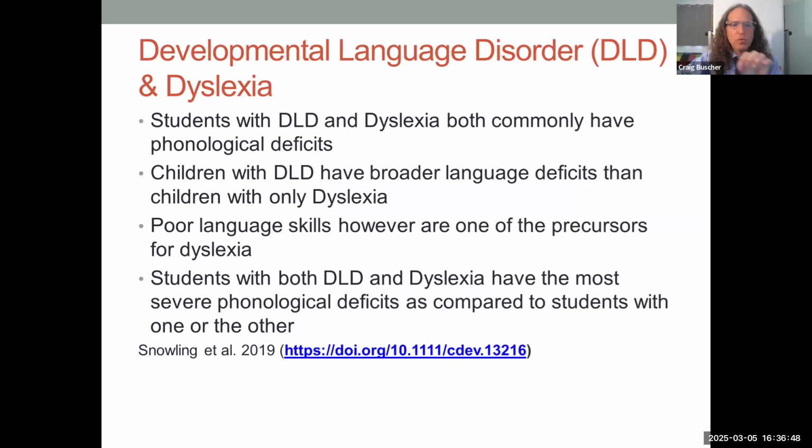Interestingly, though, students with developmental language disorder and dyslexia often both have phonological deficits. In addition to the phonological deficits, the students with DLD have these additional language challenges. So we'll measure your receptive vocabulary, your expressive vocabulary, your sentence level understanding. They'll test low in a lot of these language areas, not just the phonological area.